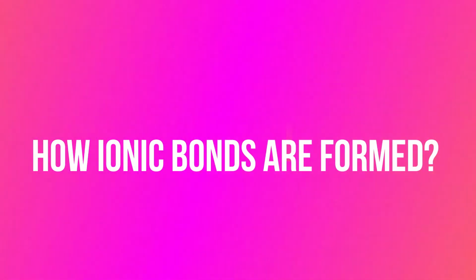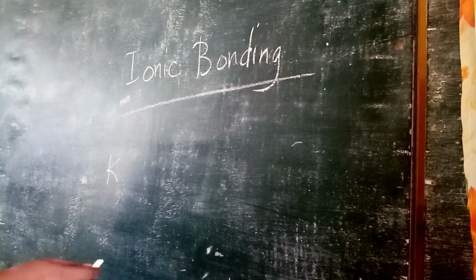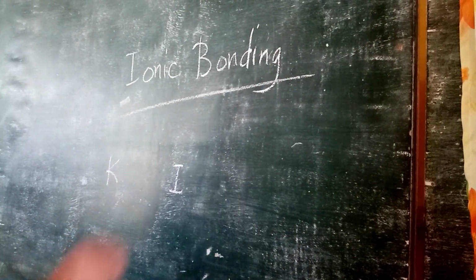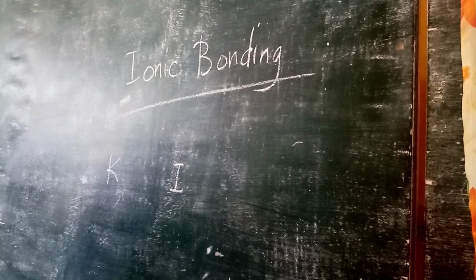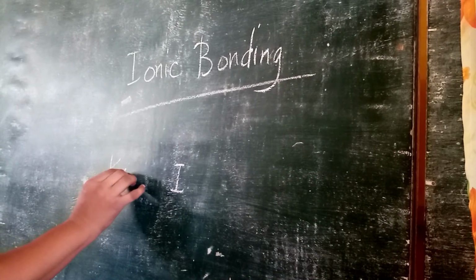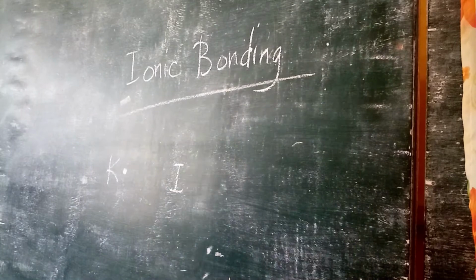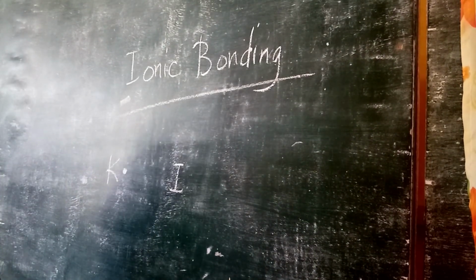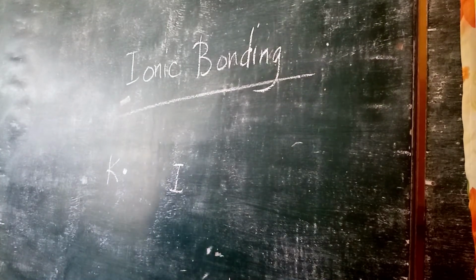Okay, so for ionic bonding, a type of bond that deals with the transfer of electrons, let's have an example. We have potassium and iodine. Potassium has a valence electron of 1 because it belongs to group 1, so it is represented by a Lewis electron dot structure. And iodine has 7 valence electrons since it belongs to group 17.